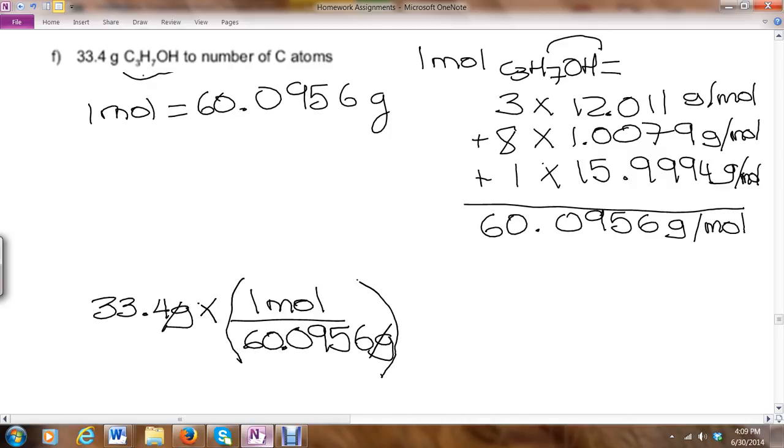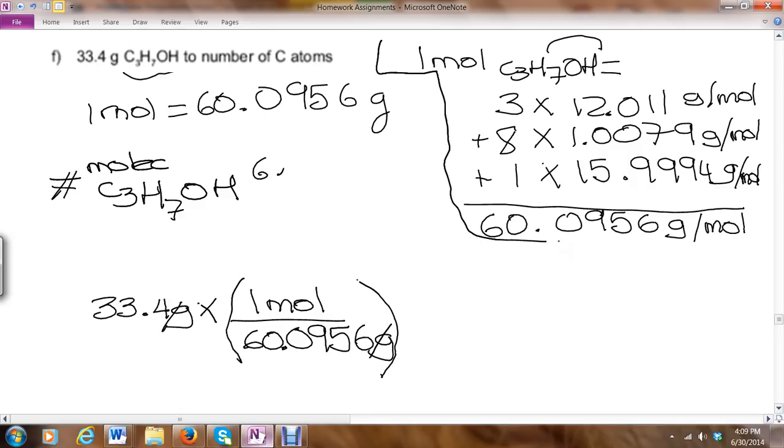So what do you need to do? You first need to determine the number of molecules of propanol by multiplying by Avogadro's number, which is 6.02 by 10 to the 23rd, and in this case, it's molecules per mole.